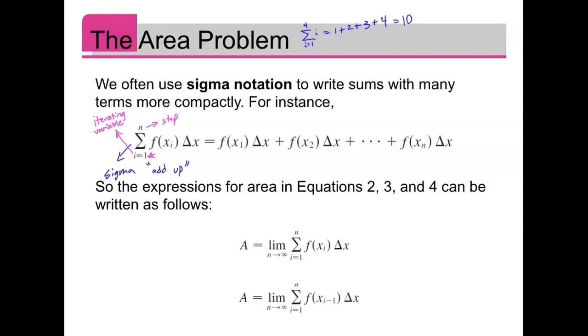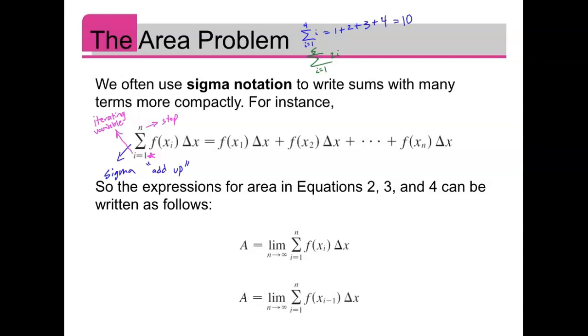Let's say I wanted to add the first 5 even numbers. Can I create a formula to do that? Sure. Sigma i equals 1 to 5. And then what's the formula to create an even number? 2 times i.